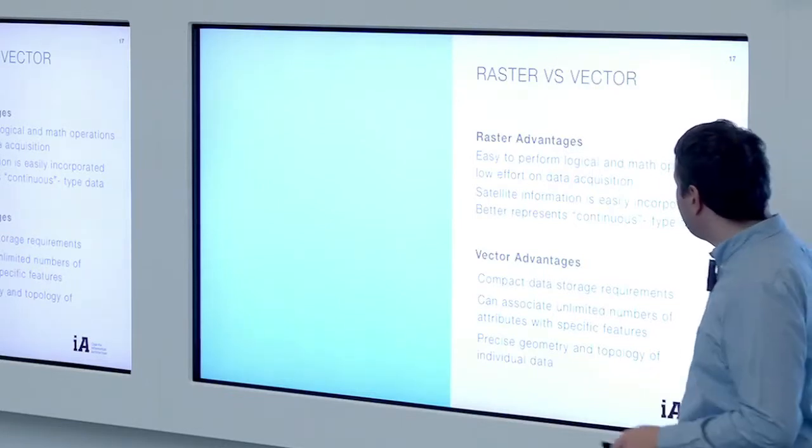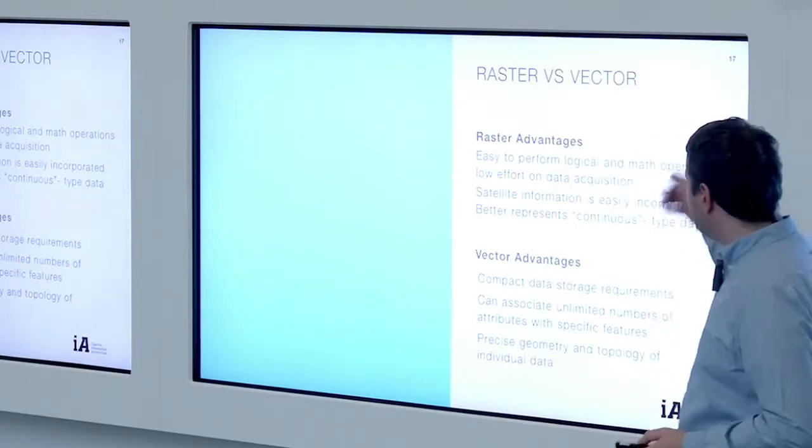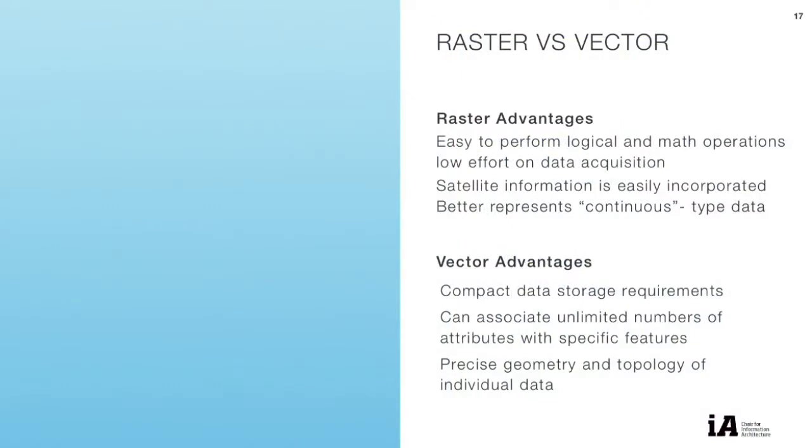The advantage of rasters, as I said, is that it's easy to perform logical and math operations. You have a relatively low effort on data acquisition. You can use a satellite and make a scan. You can use old maps, just scan, done. And it better represents continuous data. And for vector, this is the old argument, compact data storage requirements. Actually, it's not so true.